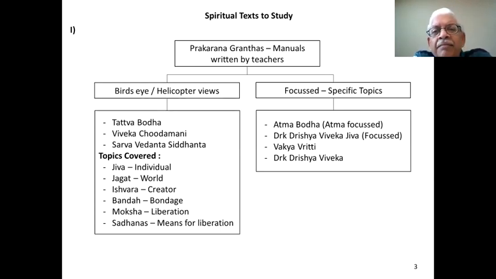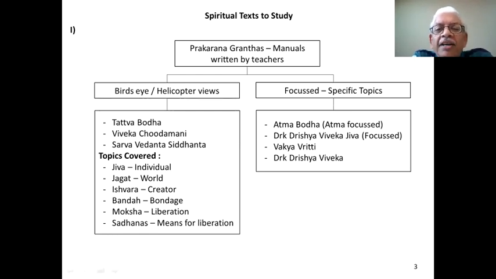Then there are some texts which are again used for teaching. They are focused topic-wise, specific topics. The texts are Atma Bodha, which is focused on the Atma. Then we have Drik Drishya Viveka, which is focused on the Jiva.